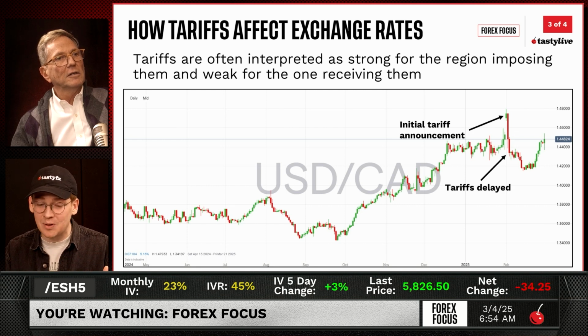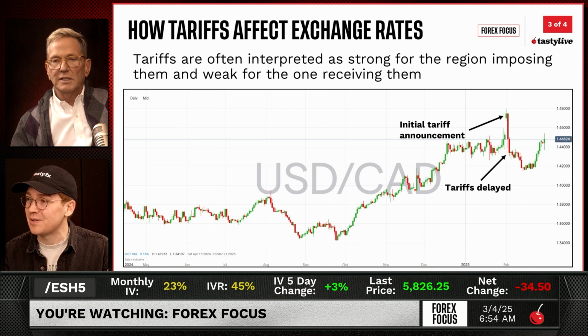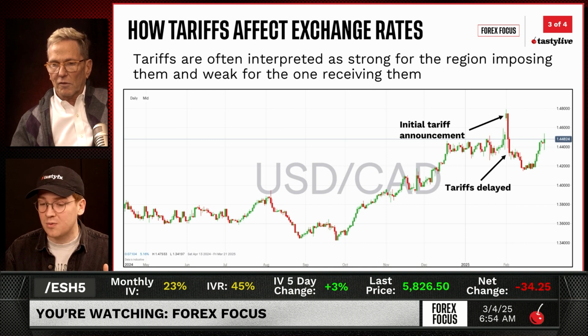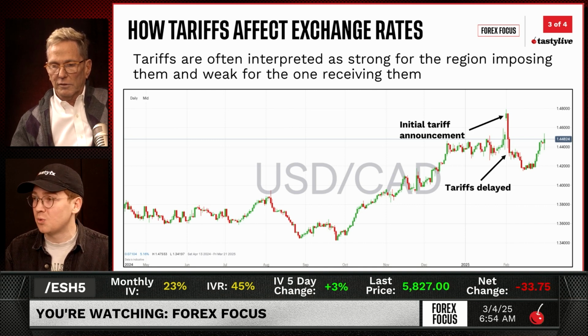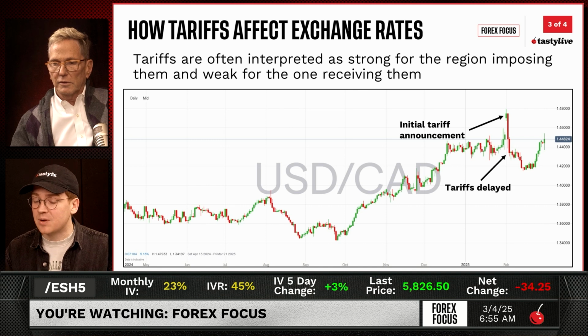So as an example, you get to see exactly how much this tariff was potentially worth, because this US dollar, Canadian dollar market went from around 144 all the way up to close to 148, which is a big move for an exchange rate or a currency market. And then the tariffs were delayed, and it came all the way back to where it was trading beforehand. And now it looks like those tariffs might be put back in place. And so you get to see this stuff play out live once again with these exchange rates.